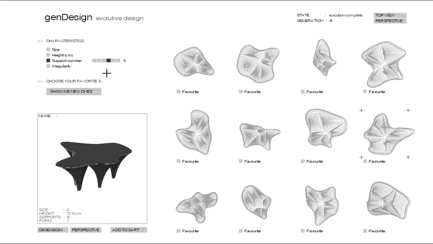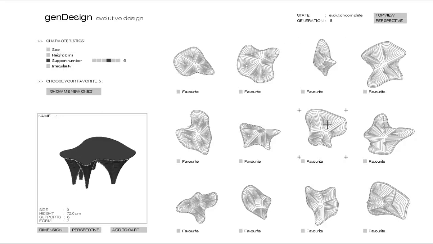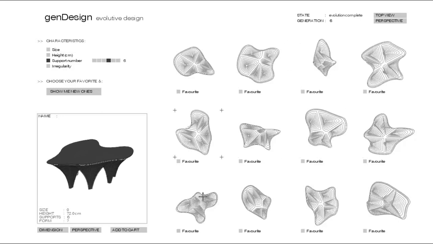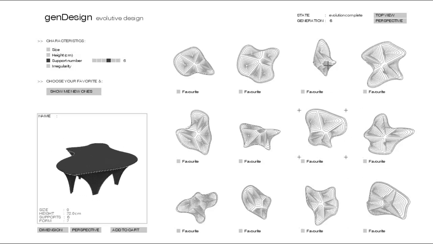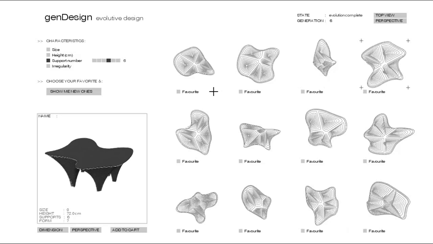So in that case, we want the table to have 6 legs. So all the individuals have different features, but there is one that corresponds to a number of legs, which is the same.